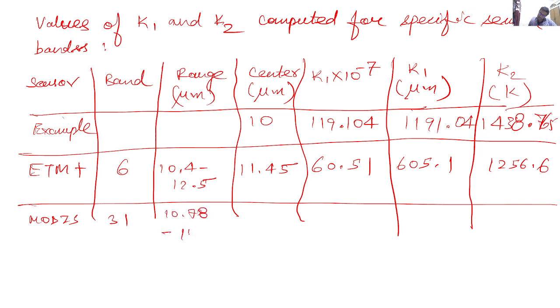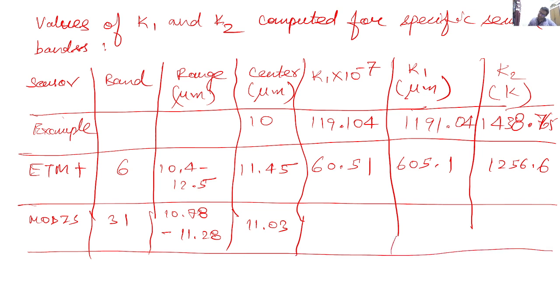Then MODIS, band number 31, 10.78 to 11.28, center 11.03. 72.957 would be K1 times 10 to the power minus 7, 729.57 K1 in micrometers, and 1304.4 for K2.